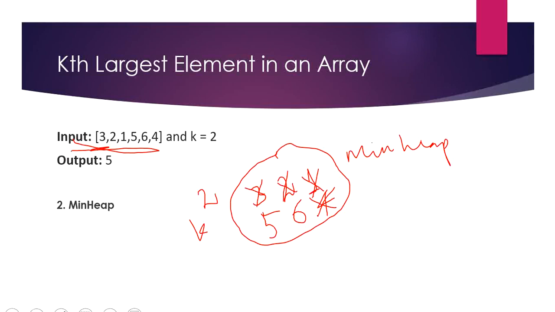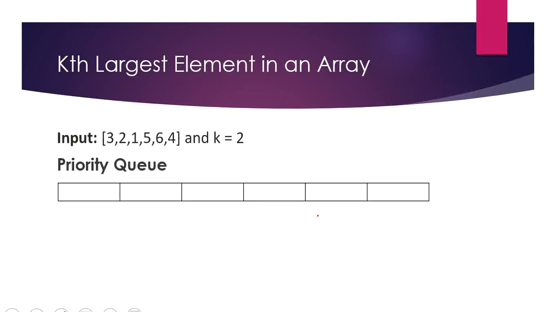So now we're going to take the second largest element from this minimum heap easily. We're going to use a data structure called priority queue to work on this minimum heap. So what does a priority queue do? A priority queue will insert every value in ascending order.